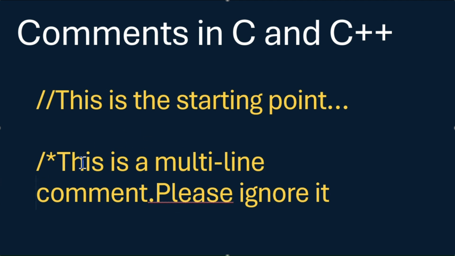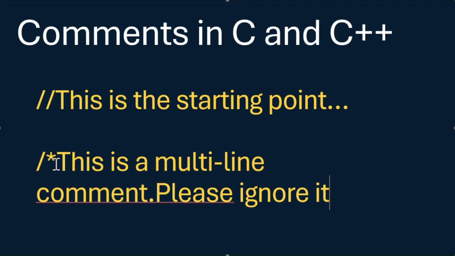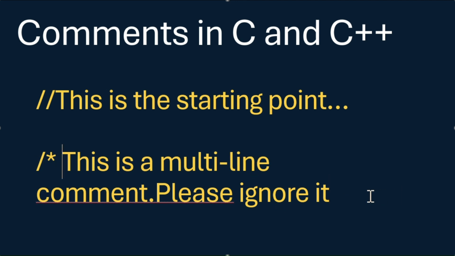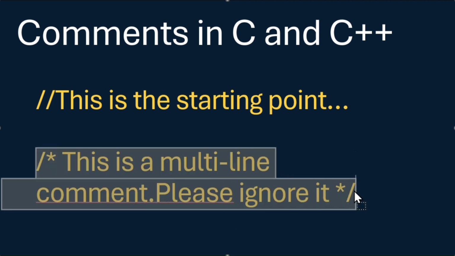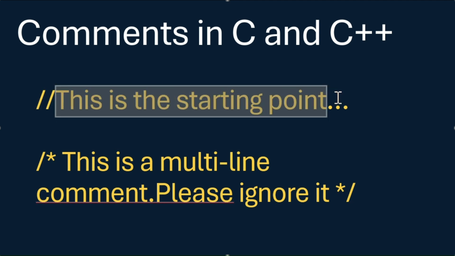See, I've written a multi-line comment. It is 2 lines, and I have to start it with slash star and end it with star slash. So whenever the compiler sees the slash star, it will check whether I have star slash in the next lines. If it has, then it will completely ignore these 2 lines. If the compiler sees these 2 slashes, the compiler will completely ignore that line.